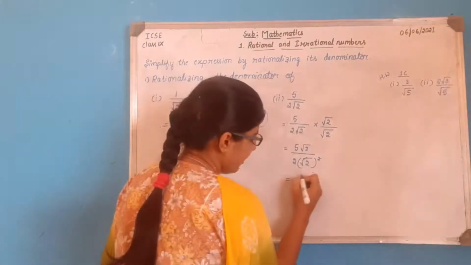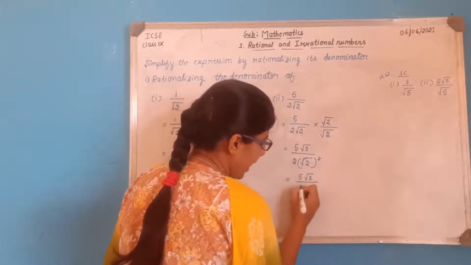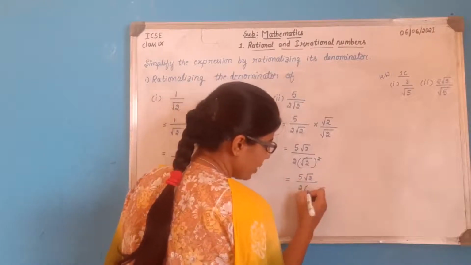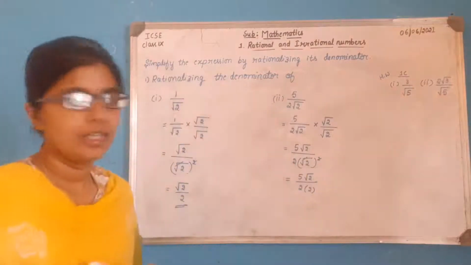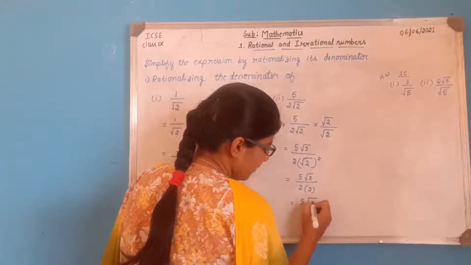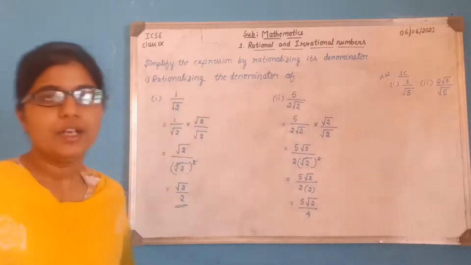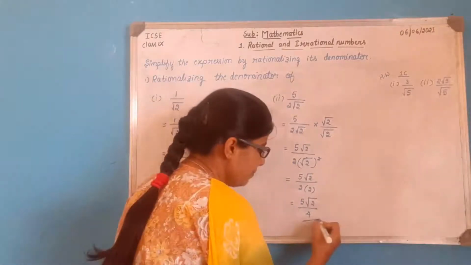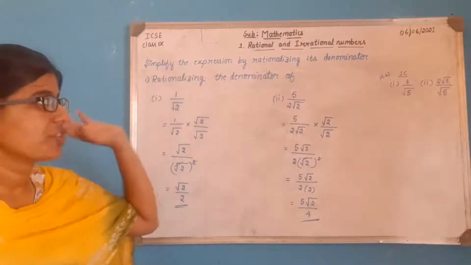Then what remains? 5 root 2 divided by 2, as it is, and here also 2 remains. These 2 and the square root cancel, so 2 remains. Now simplify this. 5 root 2 divided by 2 twos are 4. 5 root 2 divided by 4. This is the simplified value for this given irrational number.